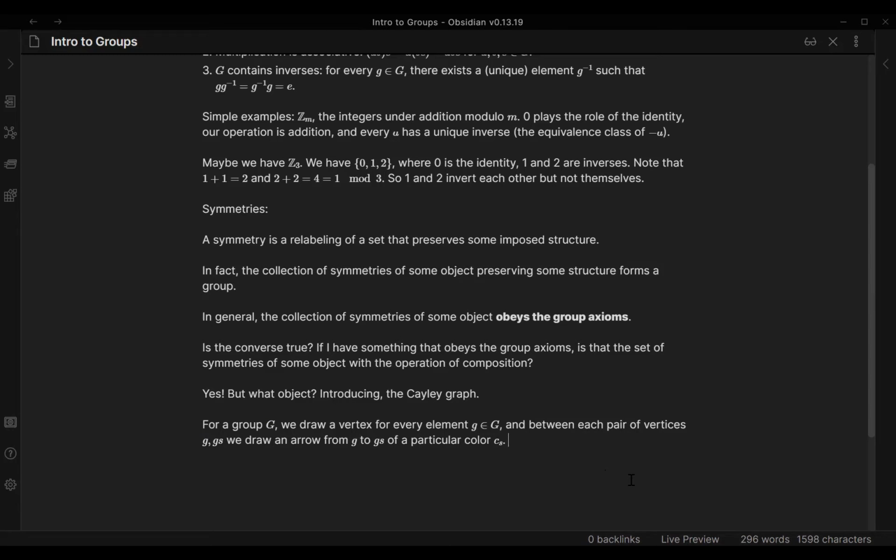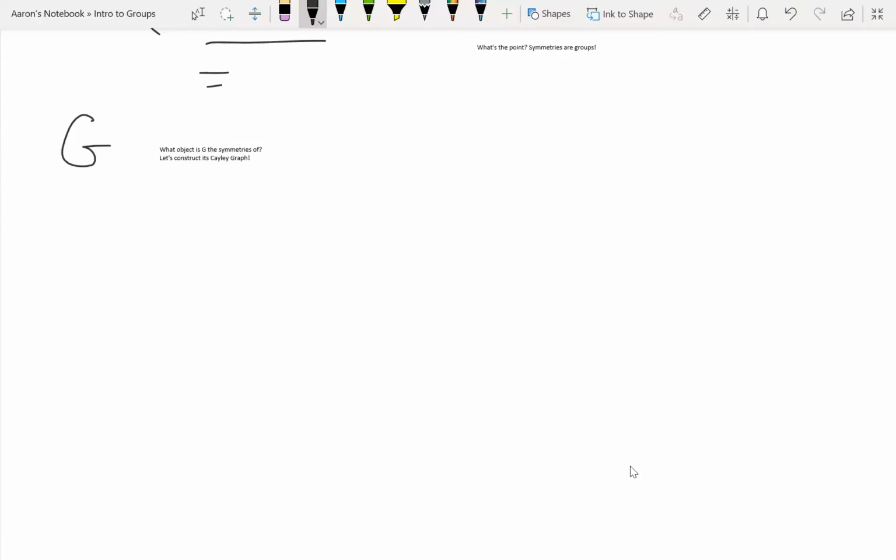And from g, we draw an arrow to the thing that we get when we apply f to g. We have g and f elements of the group G. So gf is also in G, right? Their product has to be in G.